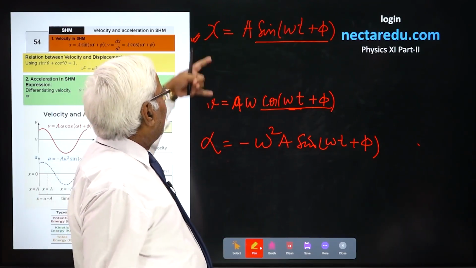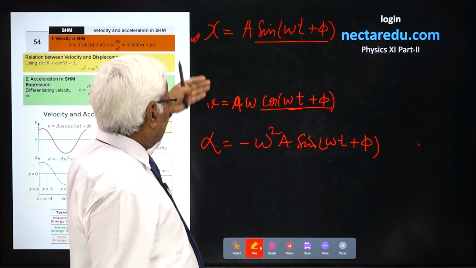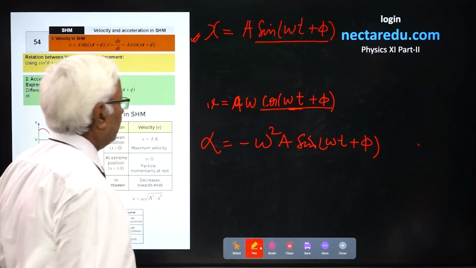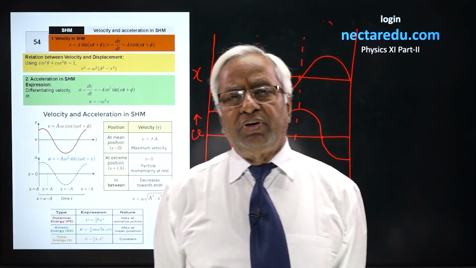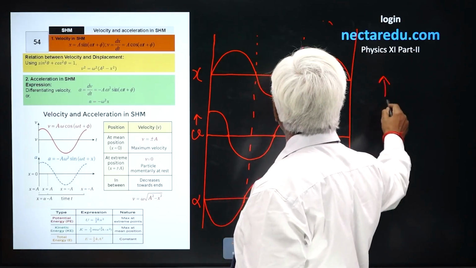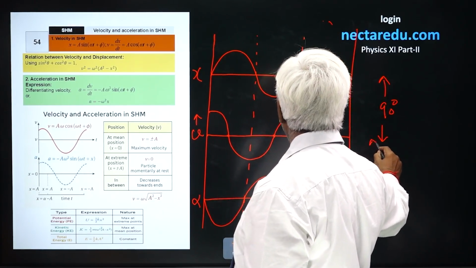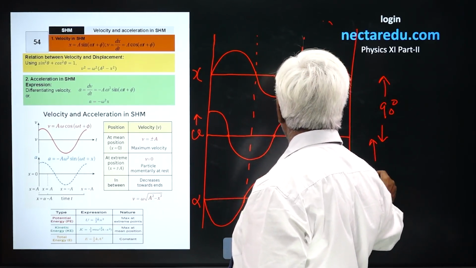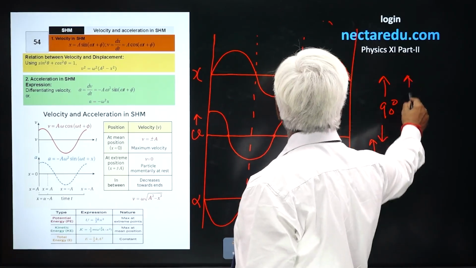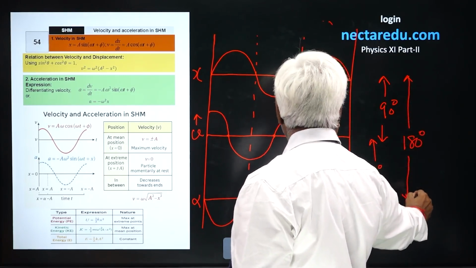So we could say x and v have a phase difference of 90 degrees, whereas x and acceleration have a phase difference of 180 degrees. The phase difference between displacement and velocity is 90 degrees, as I told you. Then the phase difference between velocity and acceleration is again 90 degrees. So overall the phase difference between displacement and acceleration is 180 degrees.